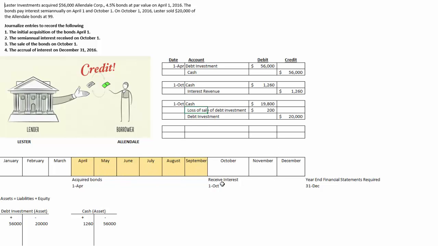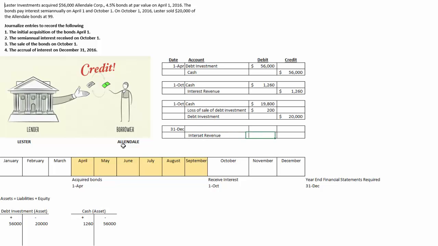So if we do nothing with the subsequent 3 months, we are understating our income because we didn't put enough interest revenue. We still owned some of the bonds for 3 months. That means we should record some of the interest revenue in the current accounting period. So we make an adjusting journal entry on December 31st to record that interest revenue.